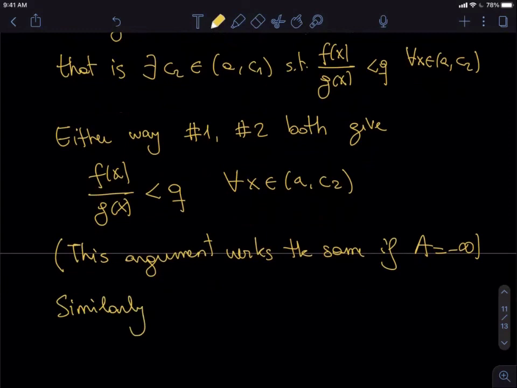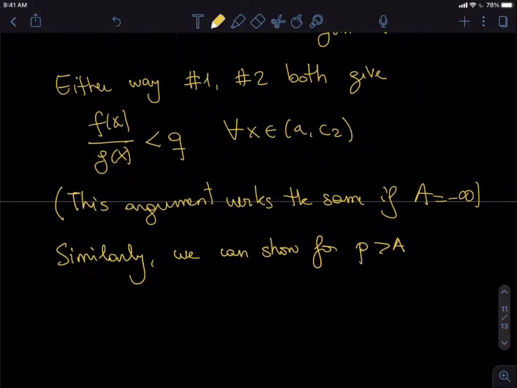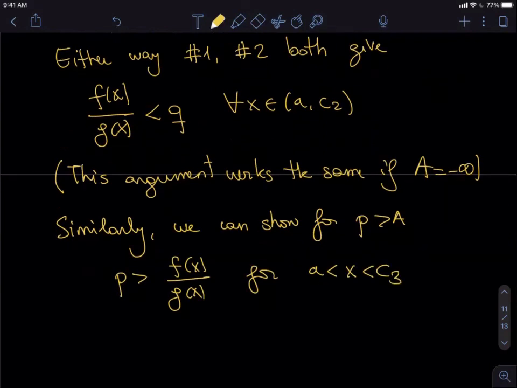Now, similarly, we can show, remember that we wanted P bigger than A. So for P bigger than A, we can show that P is also bigger than fx divided by gx if x is close enough to A. So we take C3 that guarantees that, okay?